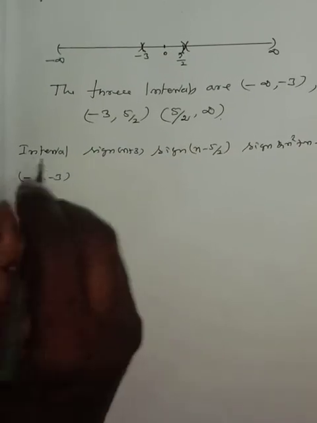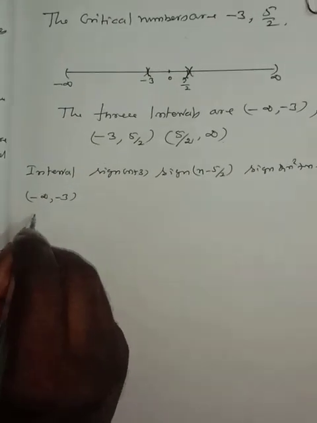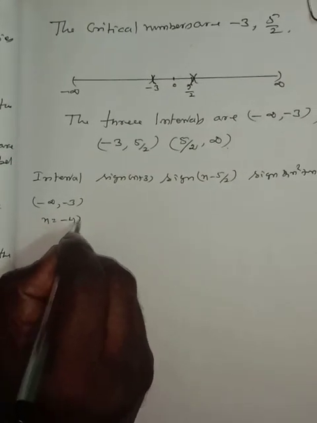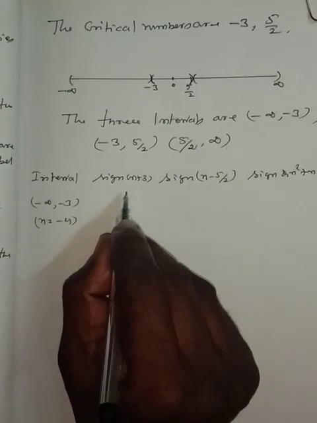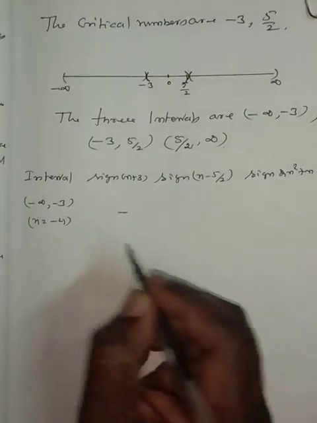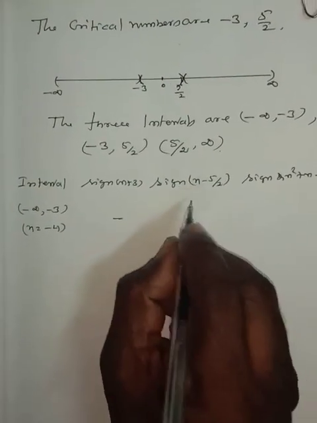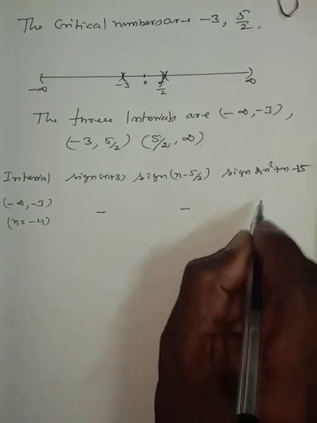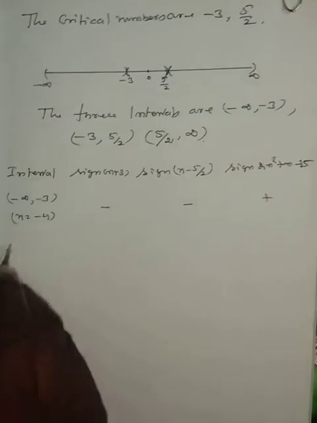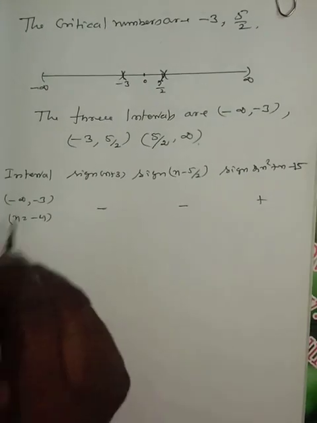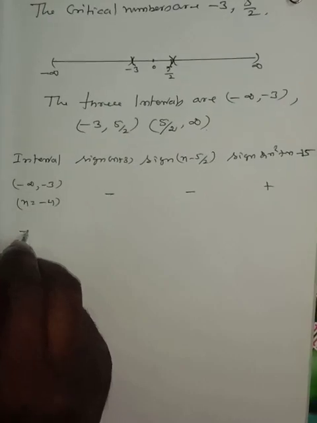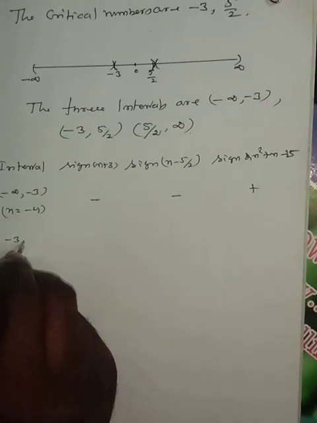Take x = −4. Apply x = −4, we get a negative sign for both factors. Negative into negative is positive. Next, second interval, −3 to 5/2.